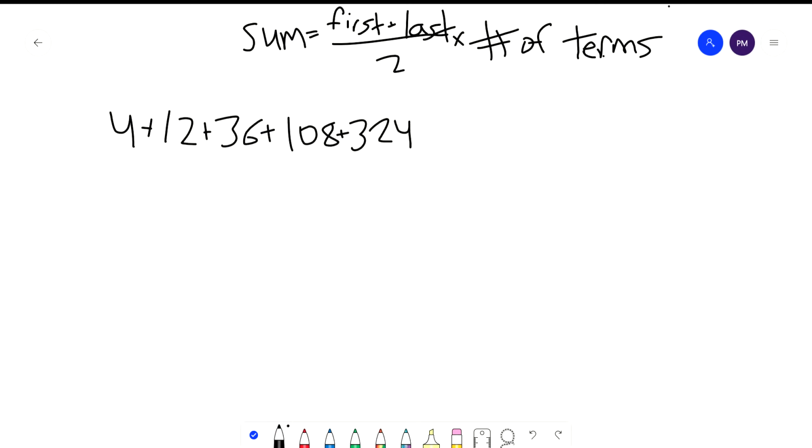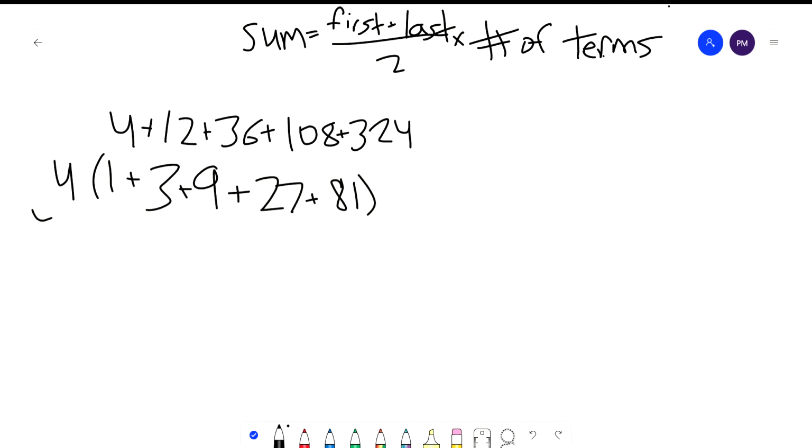So we have to find the sum of this sequence. So for now, let's just factor out a 4, just to put it out of our way. So you get 4 times 1 plus 3 plus 9 plus 27 plus 81.